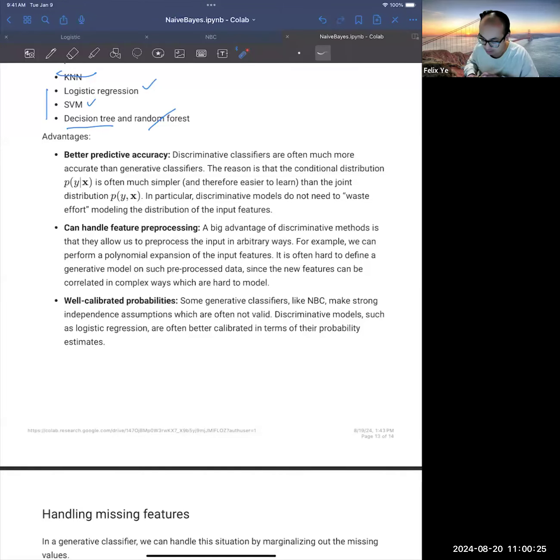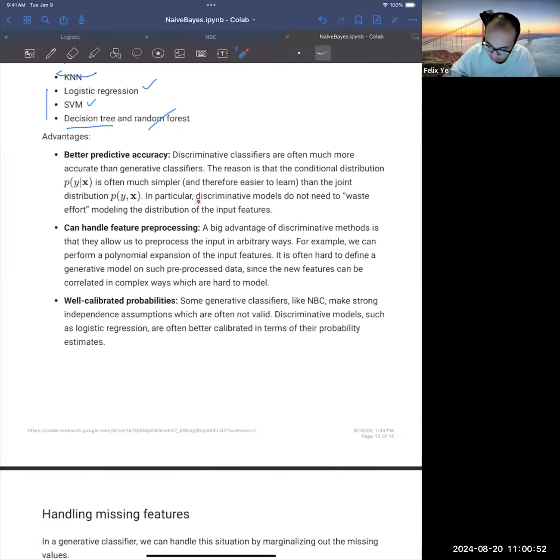In general, that will be much simpler to learn than the joint distribution. The joint distribution is the multiplication of the prior and the conditional distributions, and of course that will be much more complicated in general.